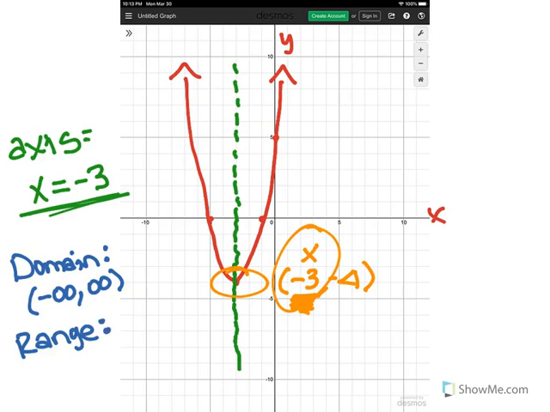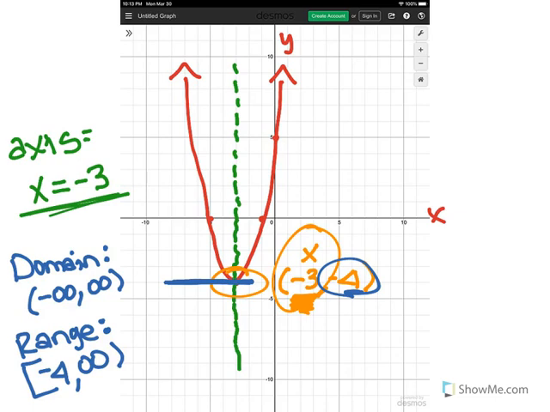Now, this is only going upward. So the range is going to start wherever your y-coordinate is of your vertex. So it started at negative 4 and it's continuously going up, so we're going to positive infinity. Now you see I put a bracket on my negative 4 because that's a closed-in circle at my vertex.